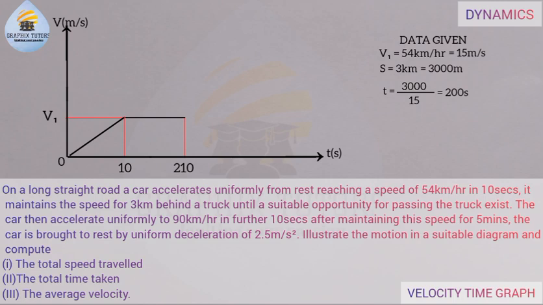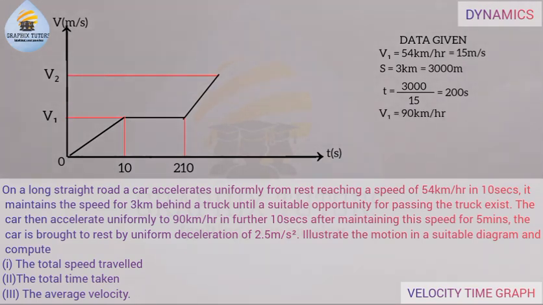So let's continue. The car then accelerates uniformly to 90 kilometers per hour in a further 10 seconds. So it accelerates again from that point. We'll call that point V2, and V2 is given to be 90 kilometers per hour. You convert it to meters per second.